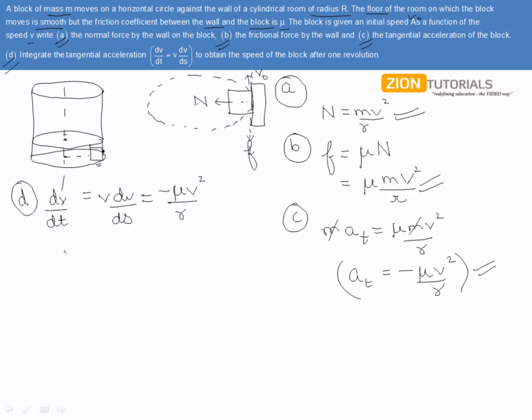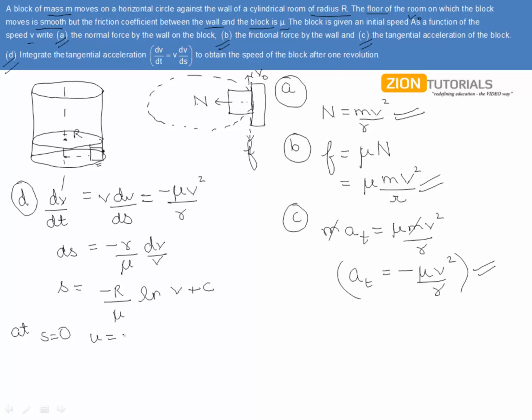So we can write ds equals minus r by mu dv over v. Integrating it, we get s equals minus r, where r is the radius of this cylindrical room, over mu ln v plus C.